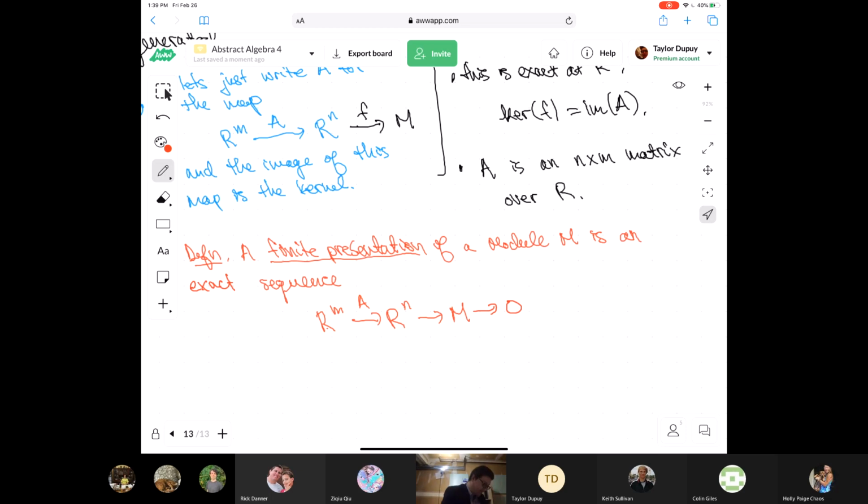So this is an example of an exact sequence. So this is surjective. Making this exact means that it's exact here and here.